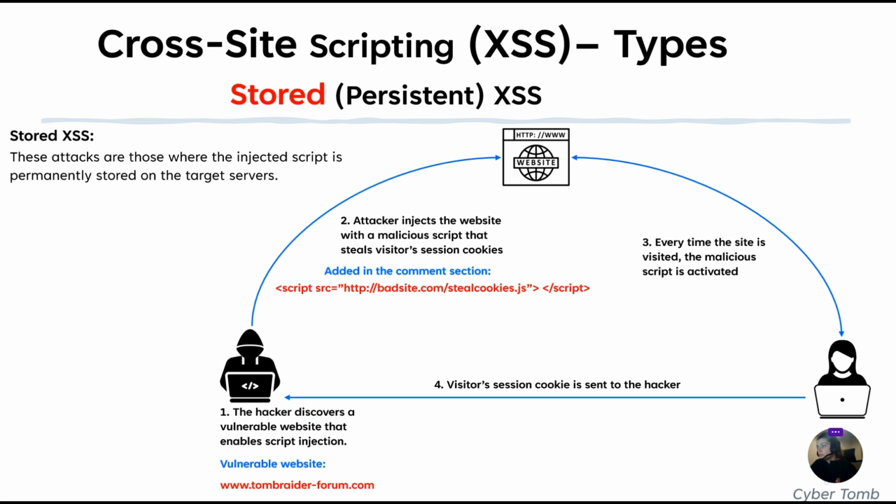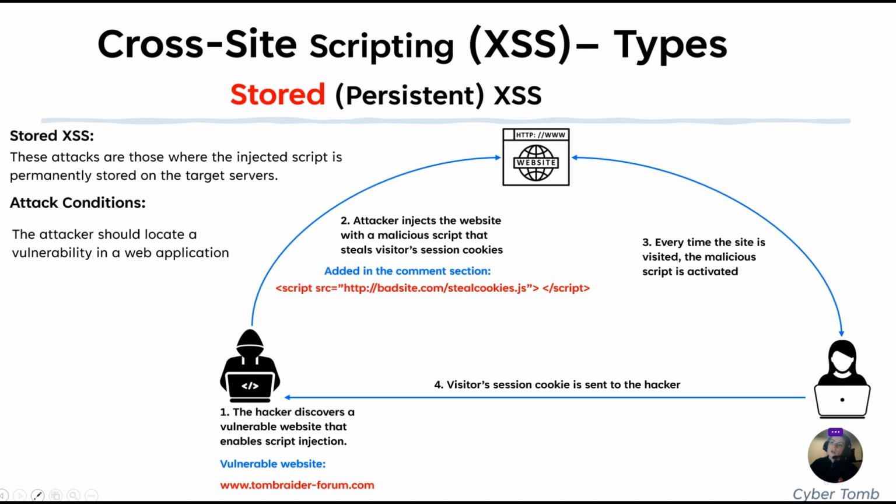It's very important to mention here, it's not necessary when someone accesses the website to click on the link to execute it. No matter if it's clicked or not, once the user accesses the website, this payload will be executed because the payload is embedded and stored permanently on the target server. Okay.